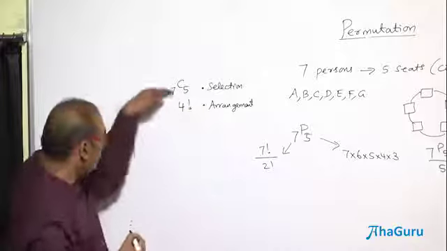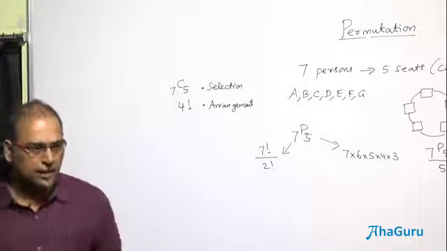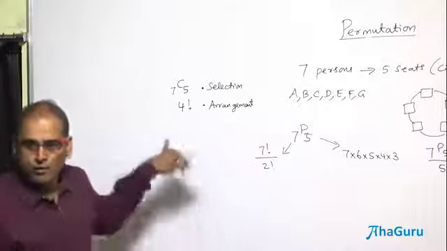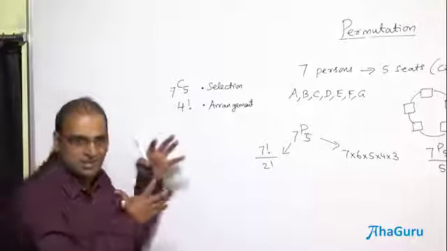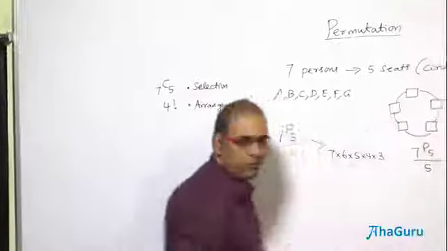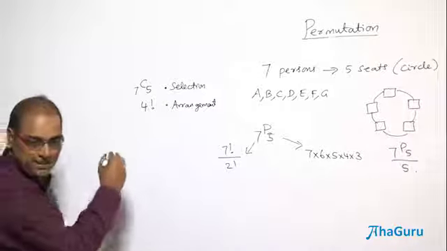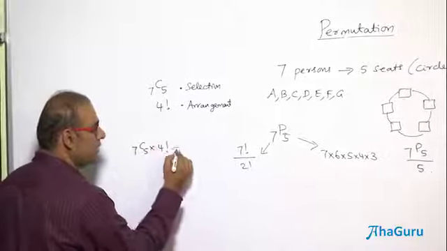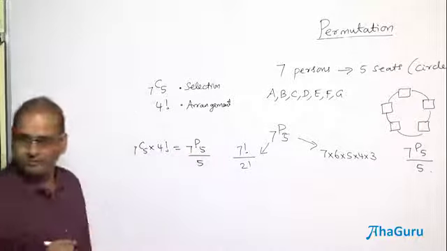And what are you going to do with these 2 counts? You got 2, are you going to add or multiply? For each selection, you have got 4 factorial arrangements. Having selected the 5, every selection has 4 factorial ways. How many selections are there? 7 choose 5. So you will be multiplying. So 7 choose 5 into 4 factorial is equal to what? 7P5 by 5.